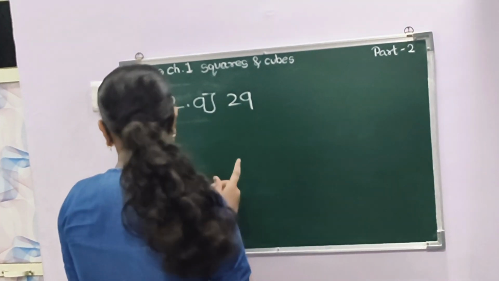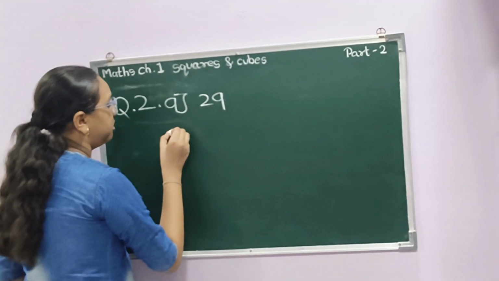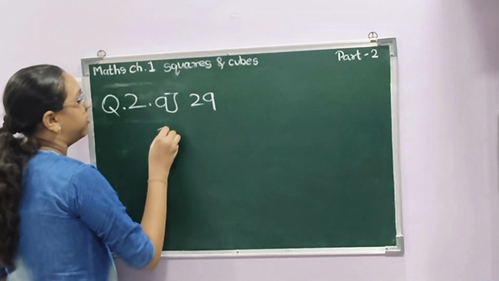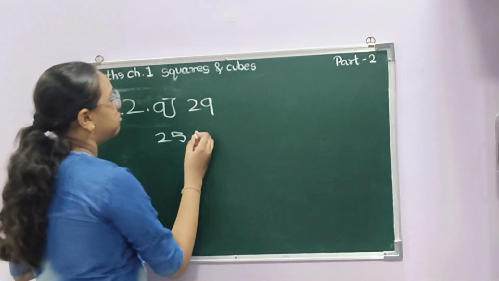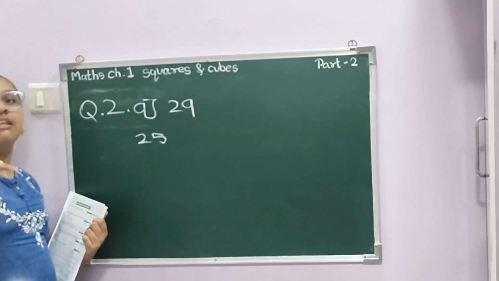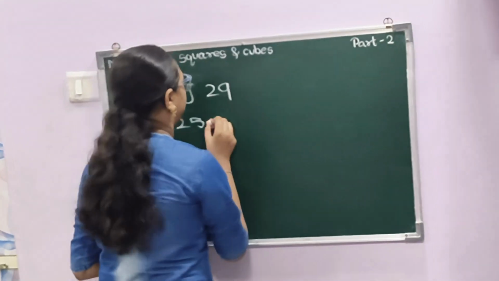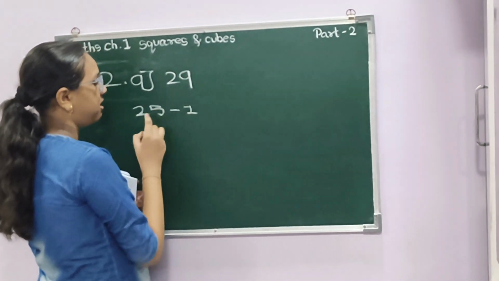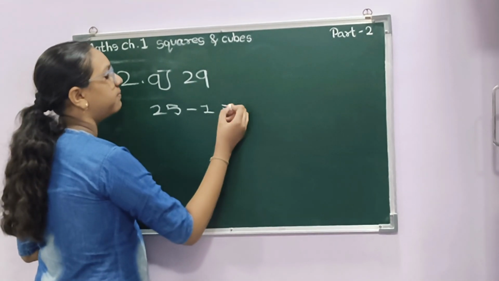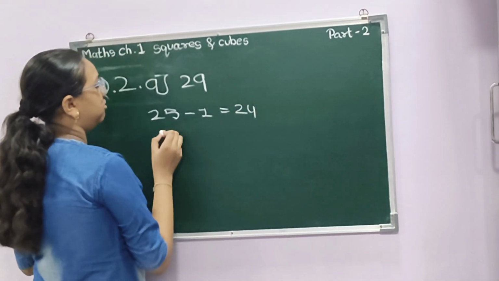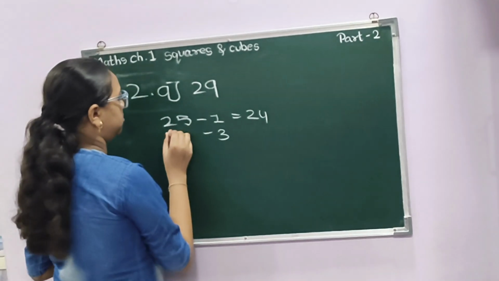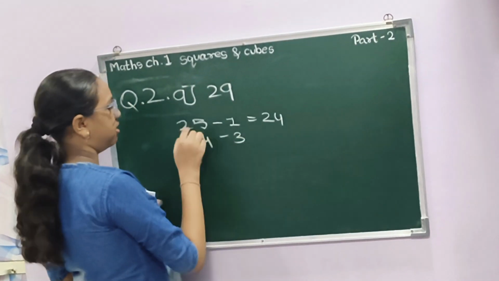So here they have done that, any number taken. For example I am taking 25, so we should subtract consecutive odd numbers from it. So minus 1 from 25 equals to 24.